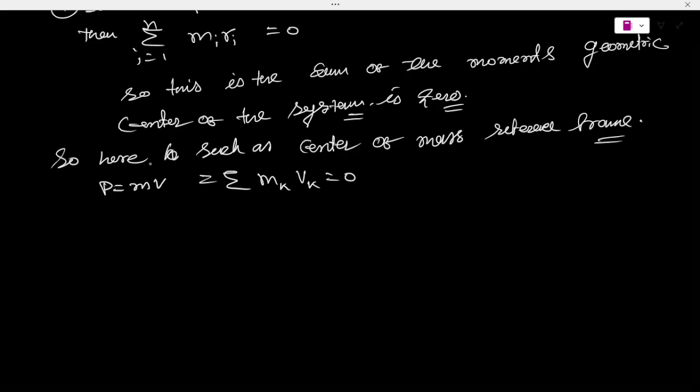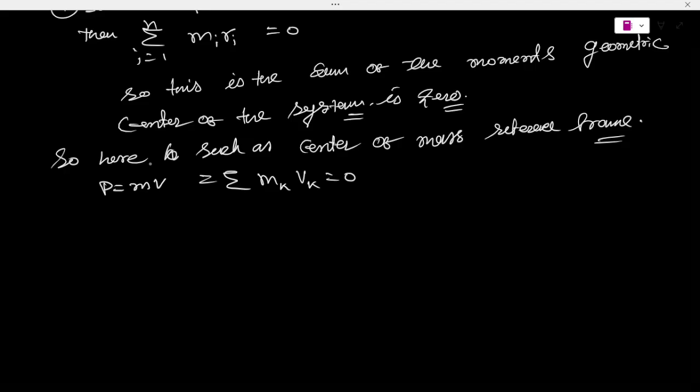After that, it will be particularly useful for solving many problems which are difficult to solve in the laboratory frame of reference, and indeed it has become customary to deal with collisions in nuclear physics in this frame of reference alone.